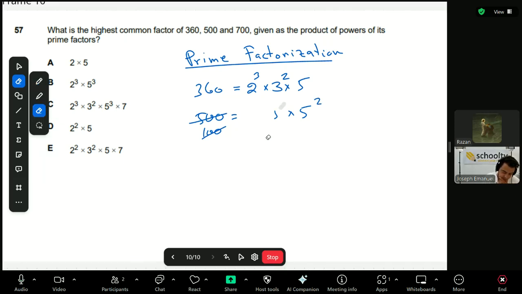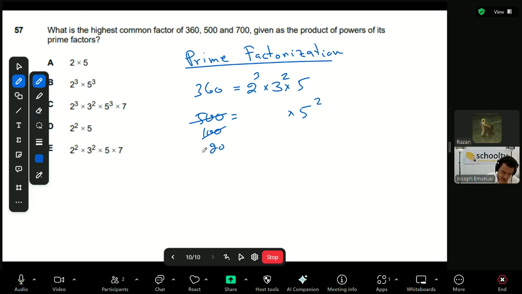Take out a 5 again, and you have 4. 4 is 2 squared. Now 700: you have a 7 for sure here. 100 again is divided by 5, 20. Divide by 5, 4. So you have 5 squared and 2 squared.